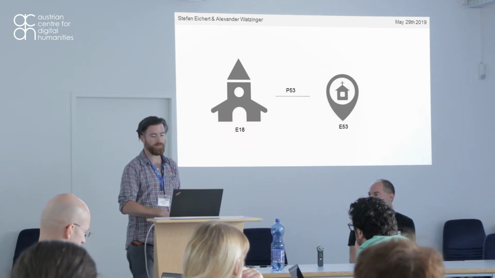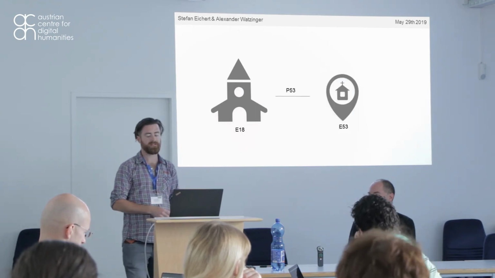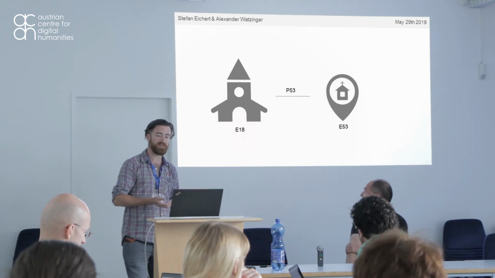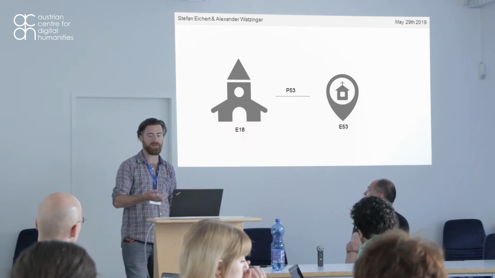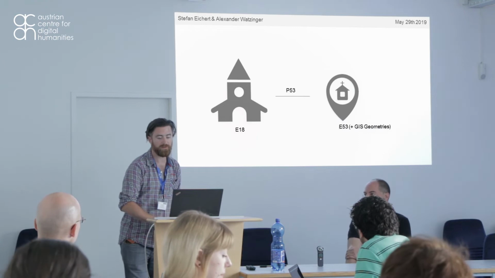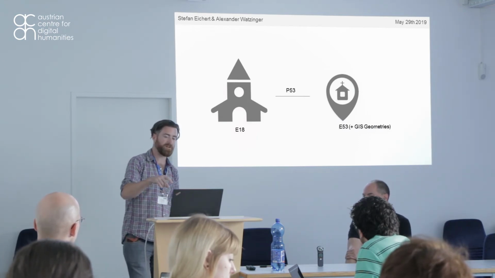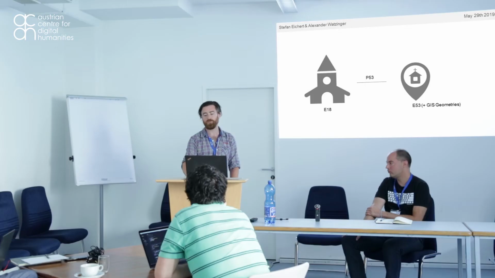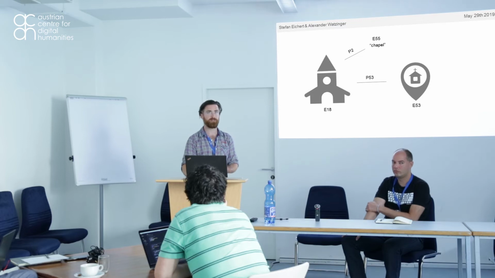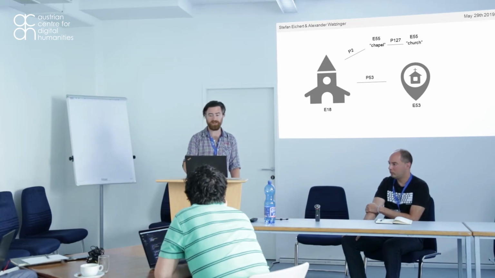So yeah, what else is mapped in our database? Every physical thing can have a location mapped as a place. We use PostgreSQL and PostGIS, and along with the location of this physical object, we also attach GIS geometries that are supported by PostGIS. Of course, we allow for customization, for classification using types that can be subtypes of other types.